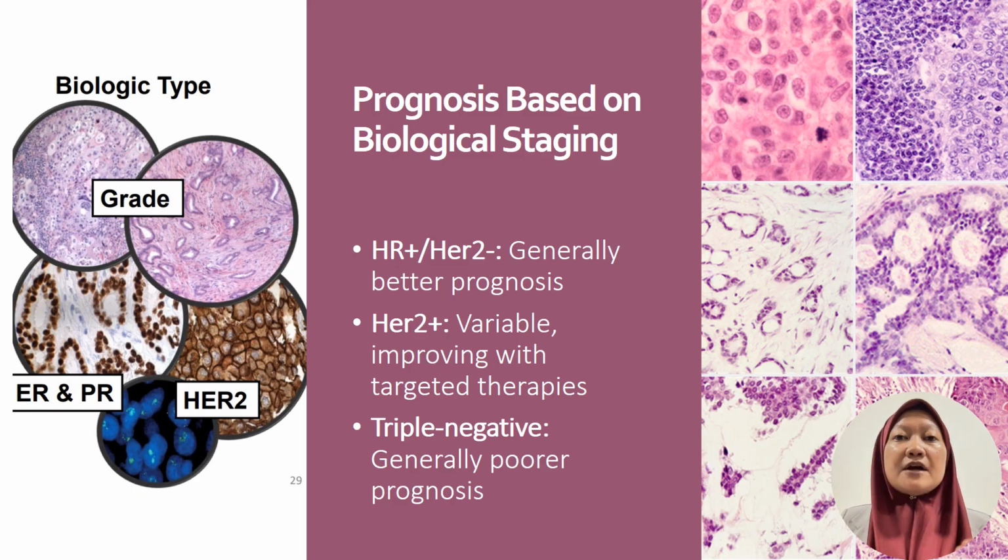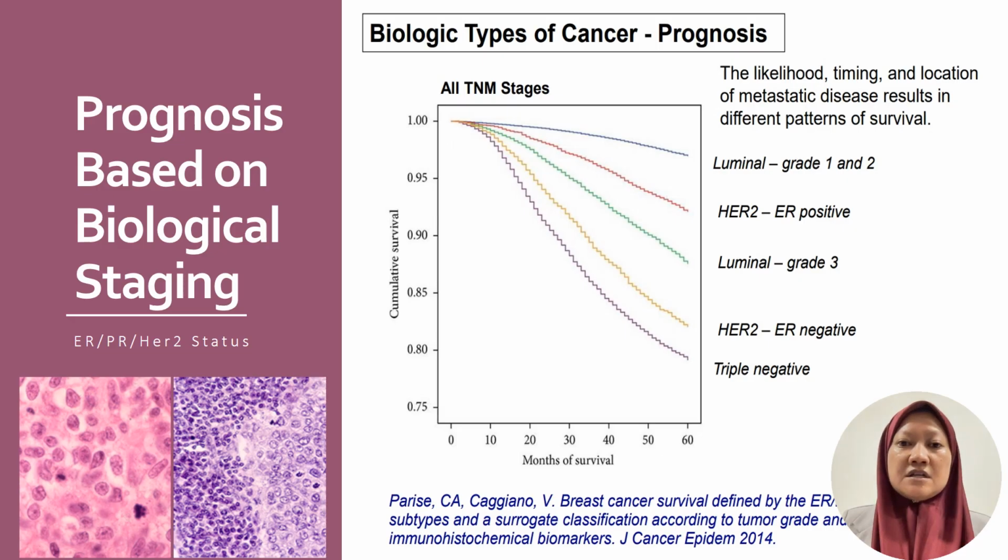Based on the biological staging, generally the hormone receptor positive patient with HER2 negative has a better prognosis. HER2 positive is improving with the targeted therapies that I mentioned earlier, Herceptin or trastuzumab, whereas triple negative generally has a poorer prognosis.